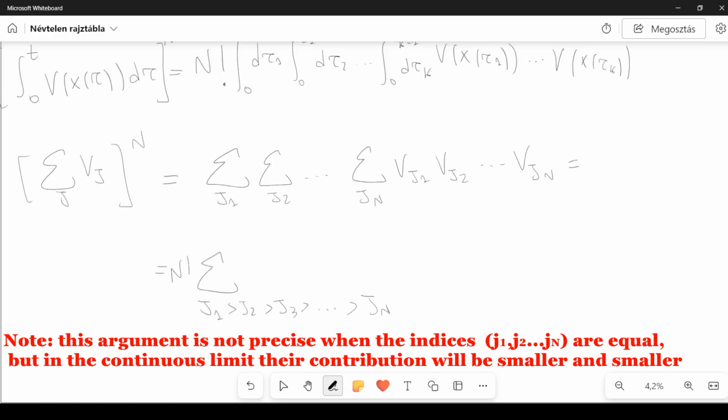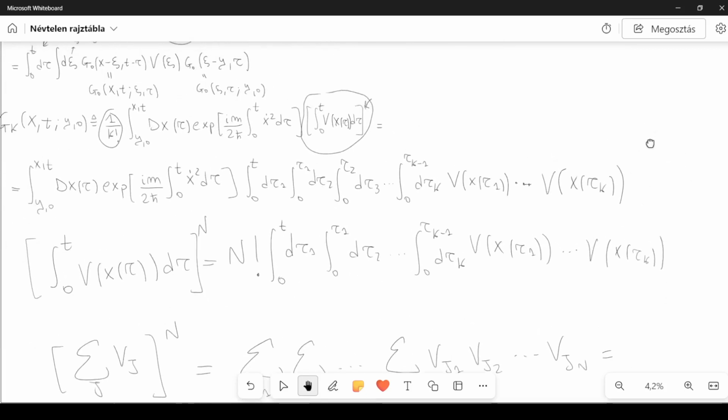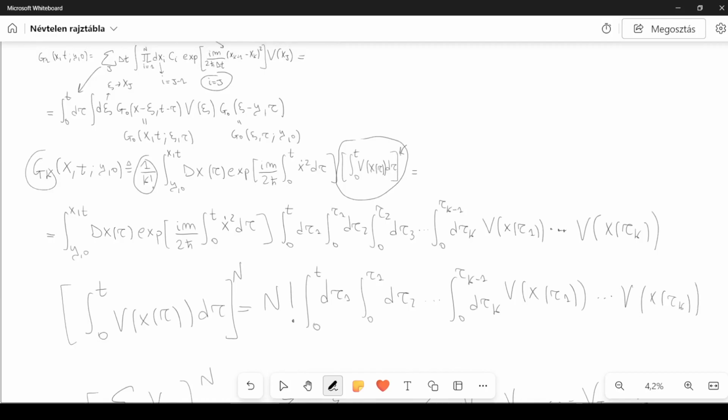So you have n factorial of such summations, which will give you the initial summation here, and then of course you have vj1, vj2, dot dot dot, vjn. So this is the idea of how to understand this result, which allows you to rewrite this function g sub k in this manner here.